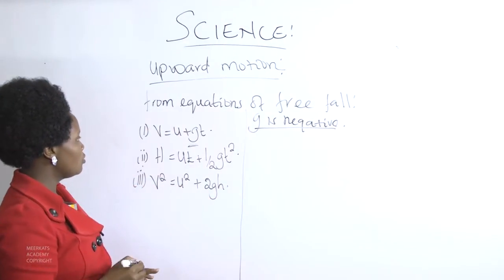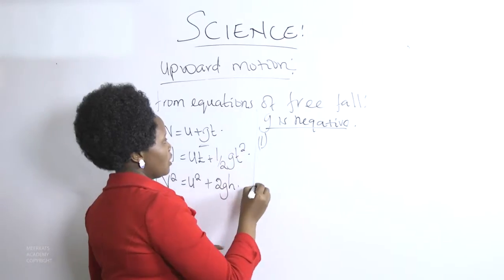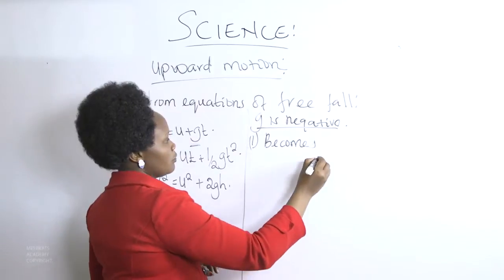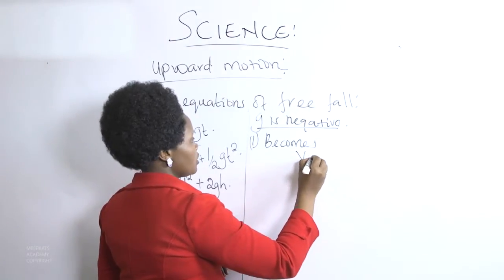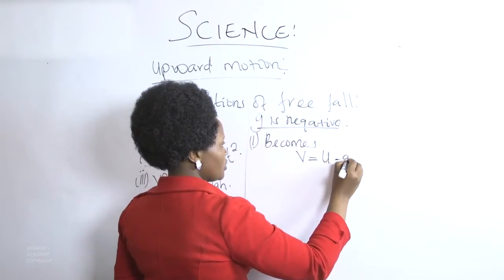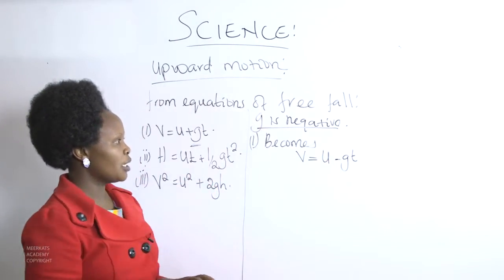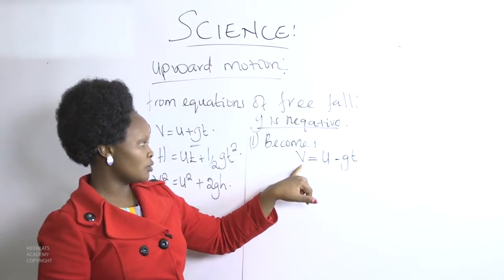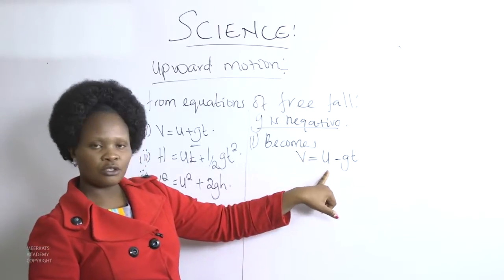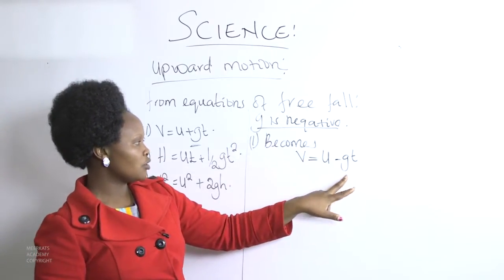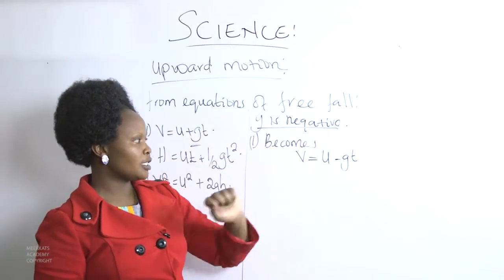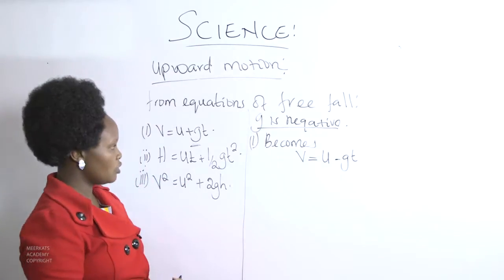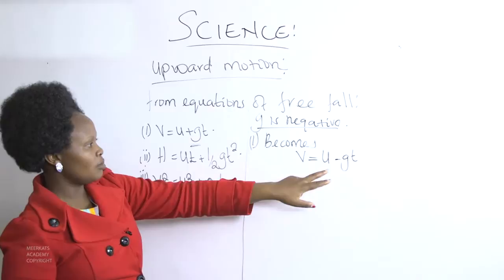therefore, equation 1 becomes v is equal to u minus gt. Again, it gives us the relationship between the final velocity, the initial velocity, gravitational acceleration, and time. Only that in this case, the direction of action of gravitational force has been reversed.